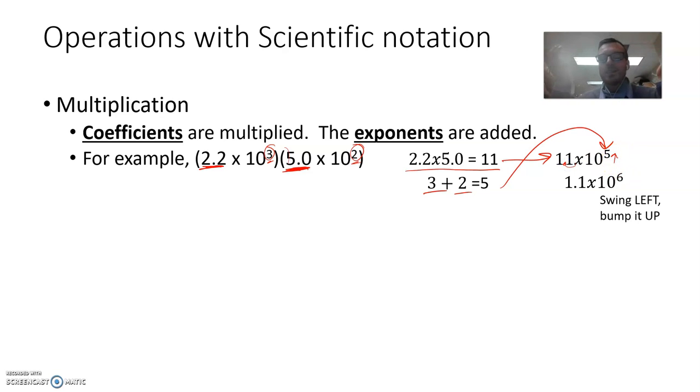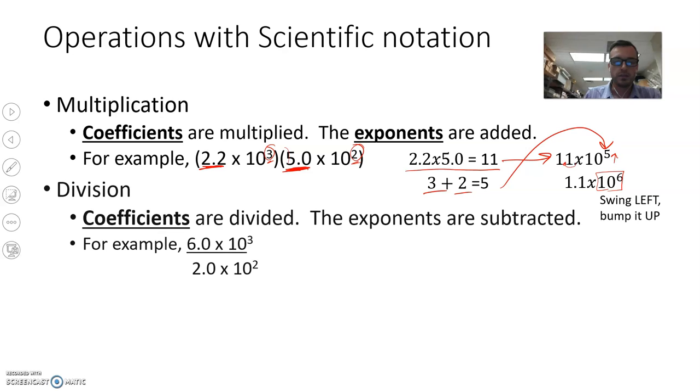And if you think about that, that's just like, oh, if I divide 11 by 10, now I got to account for that extra 10, and there it is right there. That gets me to 1.1. I'm not going to be super picky about that particular part of the rule. I want you to know that when you multiply scientific notation numbers together, you multiply the coefficients and you add the exponents.